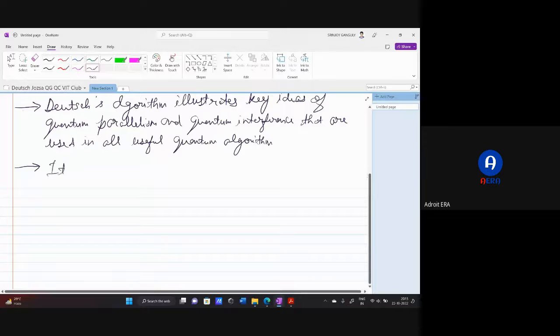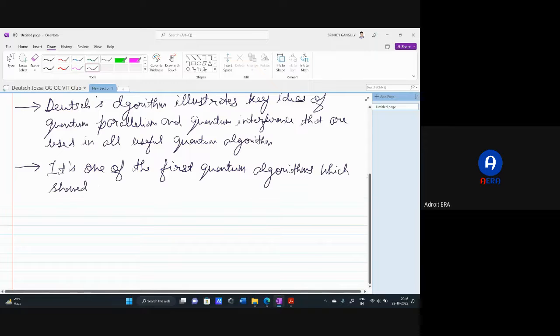So it is one of the first quantum algorithms which showed that quantum algorithms may be more efficient.